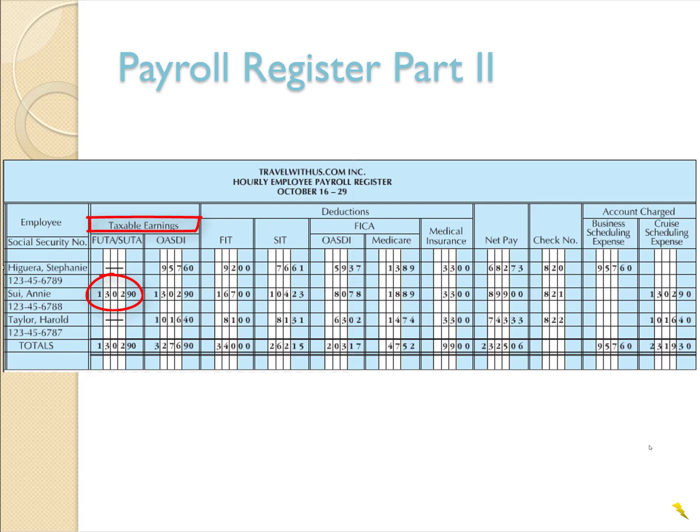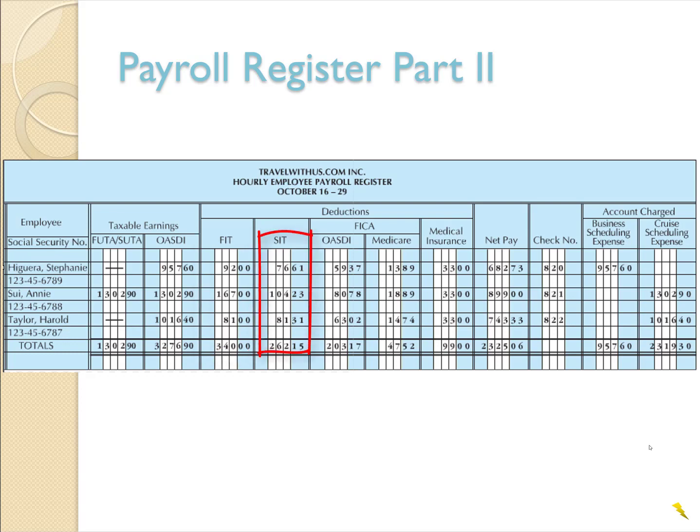Why is that? Because Stephanie and Harold must be over that $7,000 wage base for FUTA and SUTA. And then we also have a taxable earnings column for OASDI, because remember, OASDI has a $102,000 wage base.